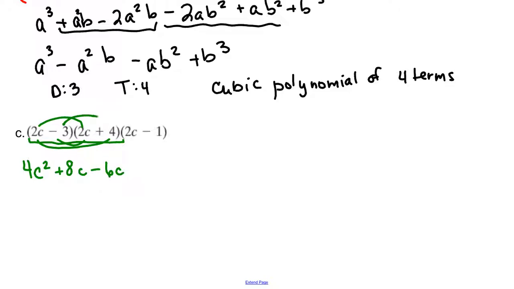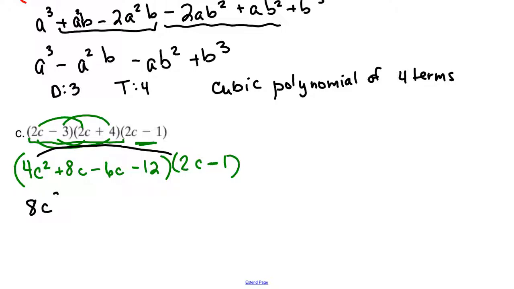And negative 3 times 4 is negative 12. Now we take this polynomial and we're multiplying it by the 2c minus 1. So we have 4c squared times 2c, which is 8c cubed. 4c squared times negative 1, so negative 4c squared.